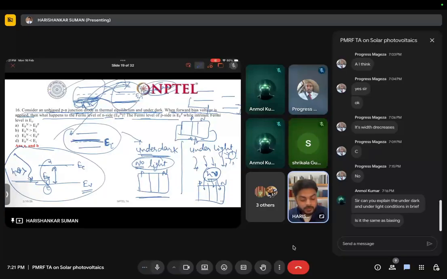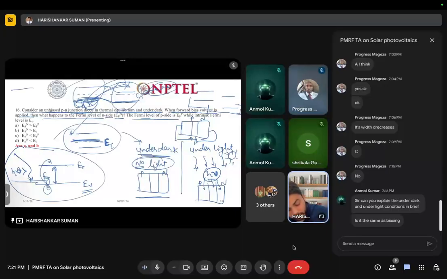Now please think. Let me give one more thing. Let's say holes decrease, the Fermi level goes slightly upside. If holes diffuse, holes decrease.